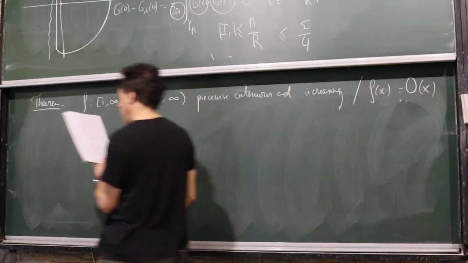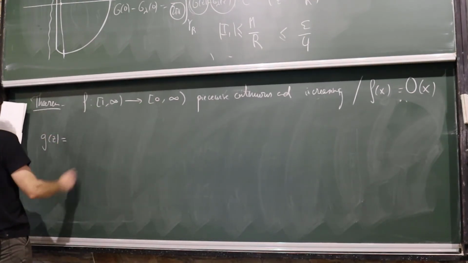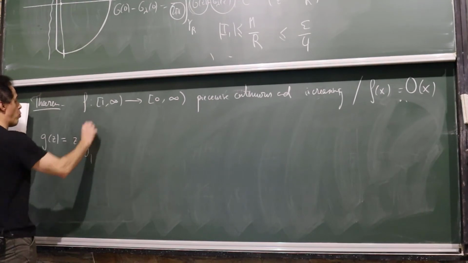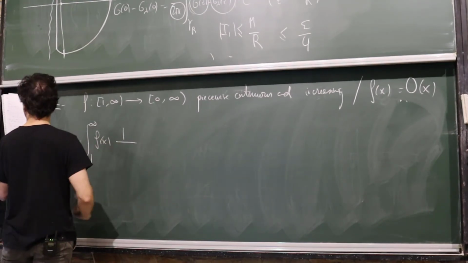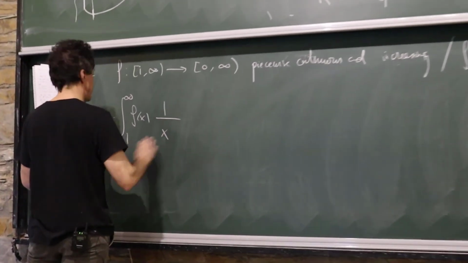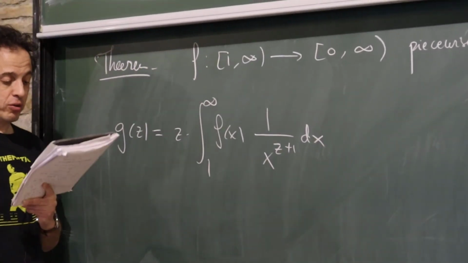Then, consider this function g of z: z times the integral from 1 to infinity of f of x over x to the z plus 1, dx. Consider this function here.